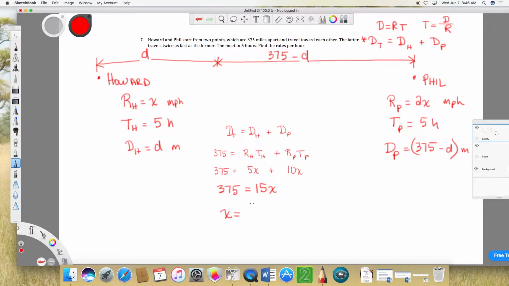That is 25. So I believe that Howard is traveling 25 miles per hour, and Phil, going twice as fast, is traveling at 50 miles per hour. So how's that?